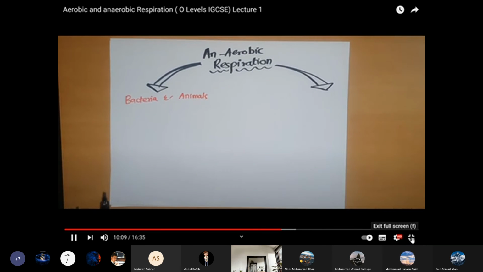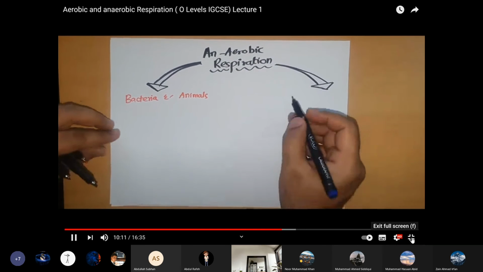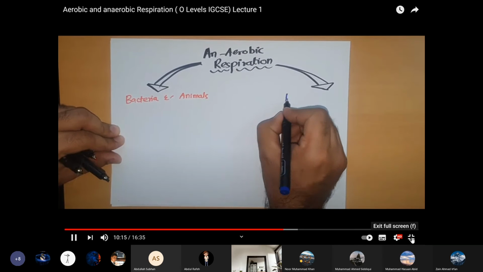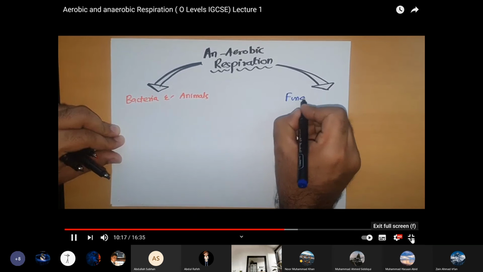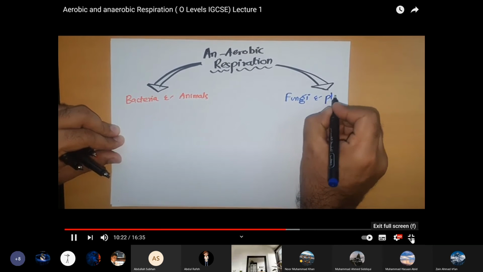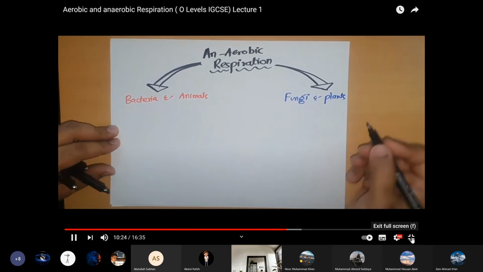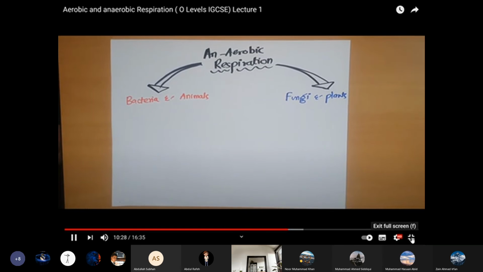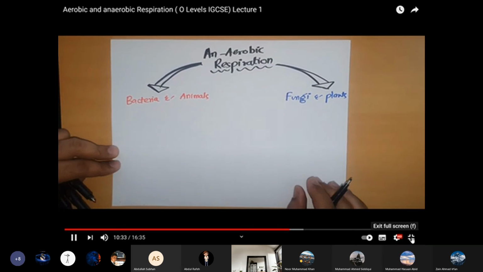On the other hand, it is the same in fungi and plants. In both of these, the amount of energy produced will be the same, but there are chemical differences.